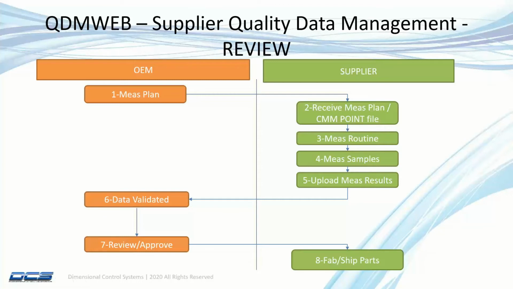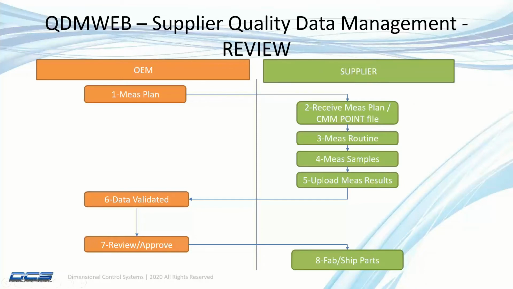Once it's approved, a notification is sent to fabricate and ship parts, or go ahead and move forward. So this concludes, at least for this presentation, the overall 50,000 feet overview of supplier quality data management, and how dimensional data is managed.